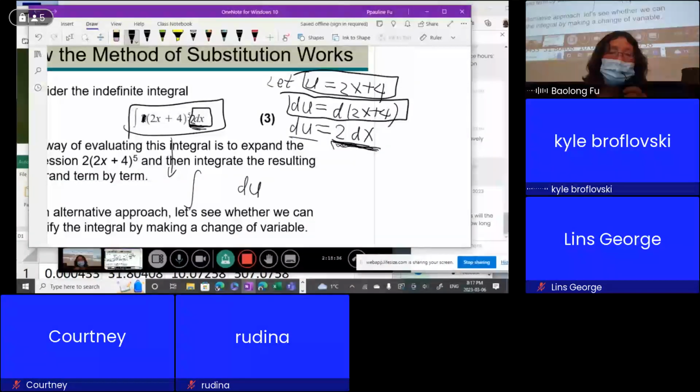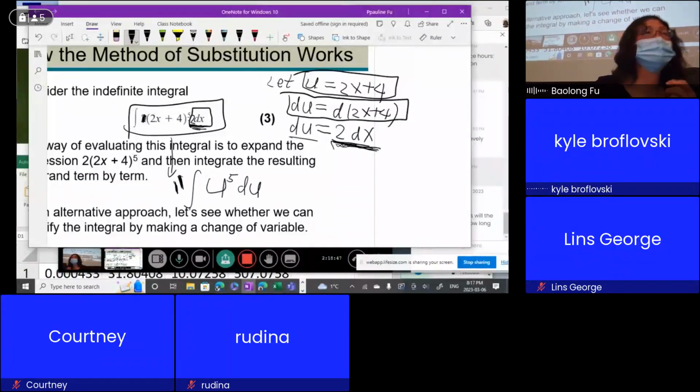And then I said 2x plus 4 equal to u, so it is u raised to power 5. The original function becomes this one. I just want to pause for a moment to let you digest this transformation.